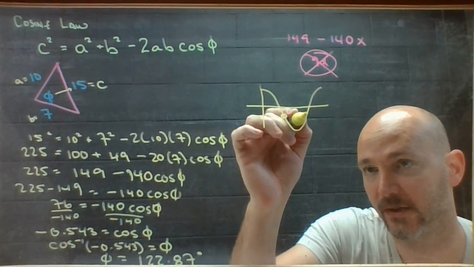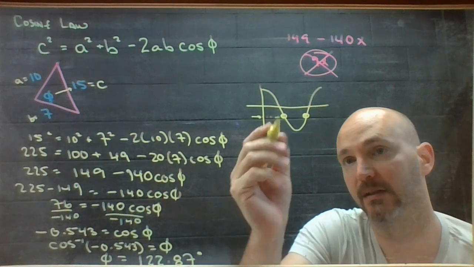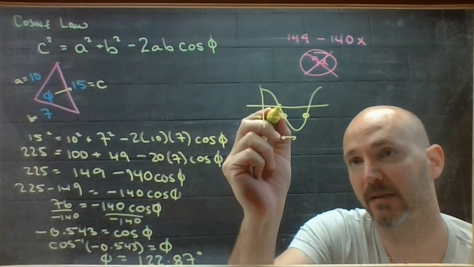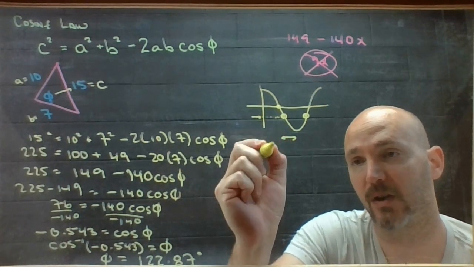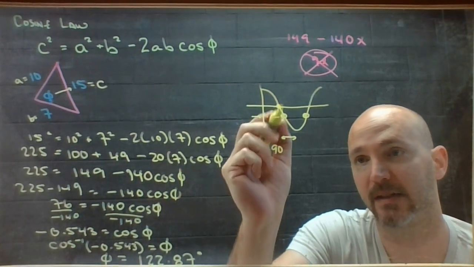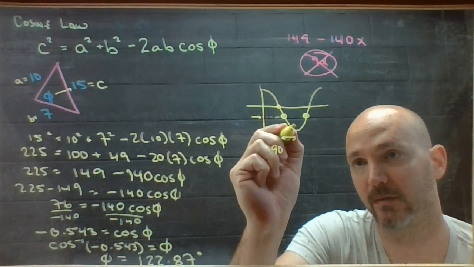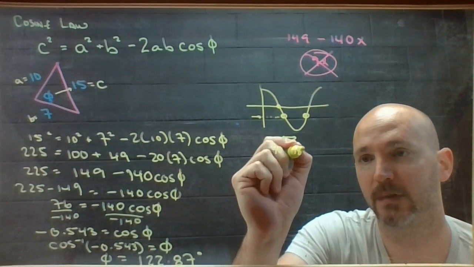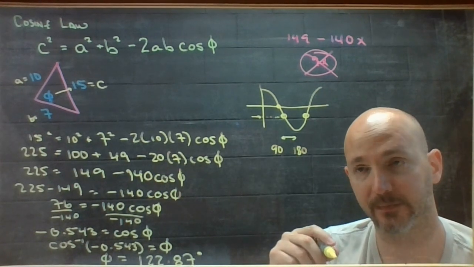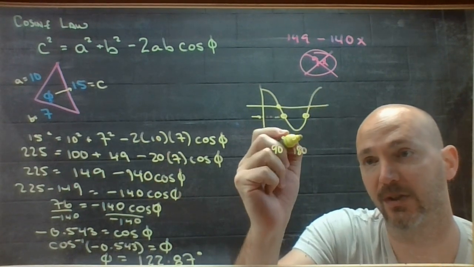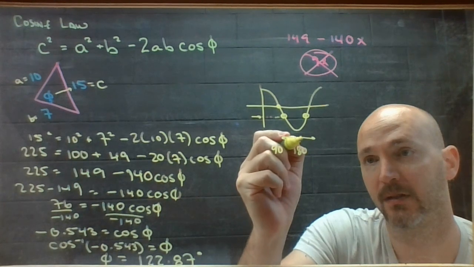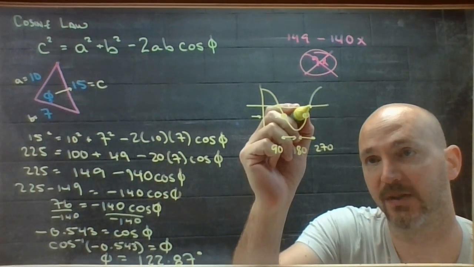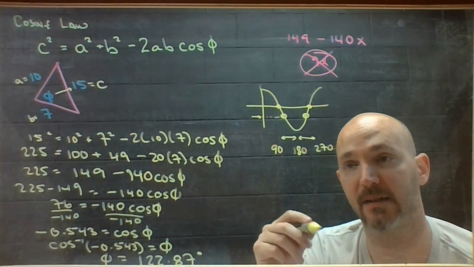So I've got one solution there, one solution there. So I need a number between 90, where cosine hits the x-axis, and 180, where it hits its trough. And I need a solution somewhere between 180 and 270, which is where cosine comes back to the x-axis.